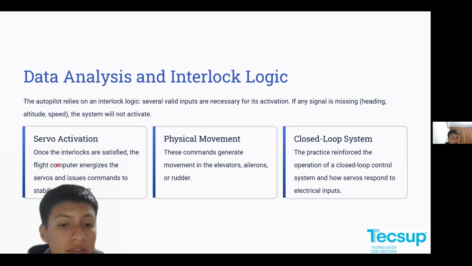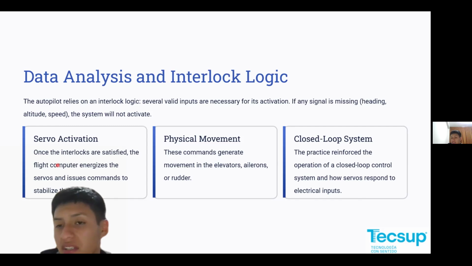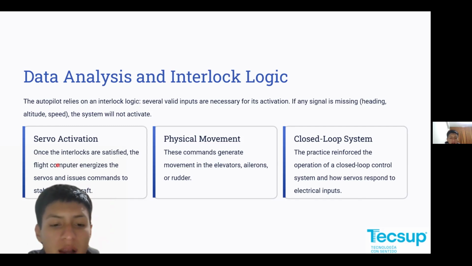The autopilot will not activate unless required inputs, such as valid airspeed, altitude, and heading, or more systems, are present. This prevents false commands that could destabilize the aircraft.